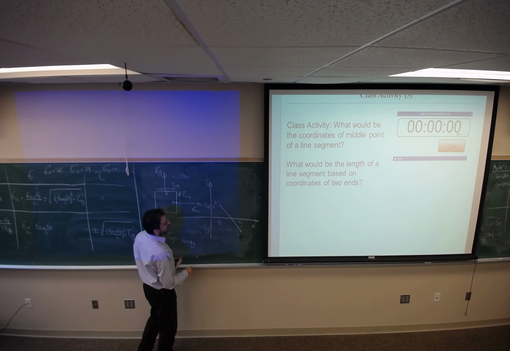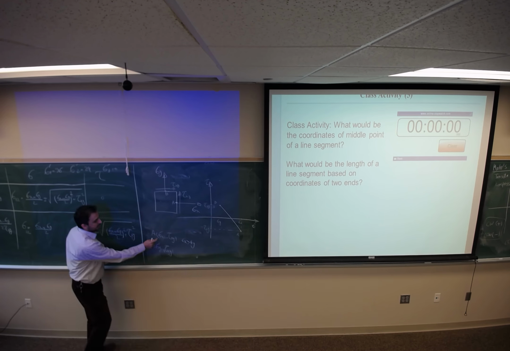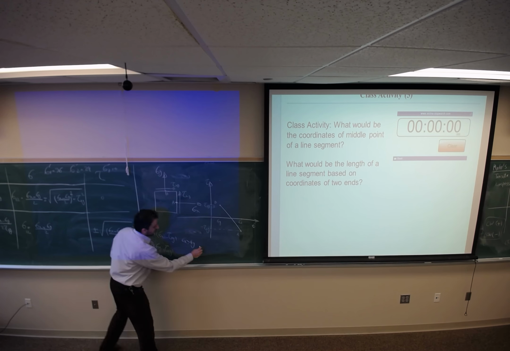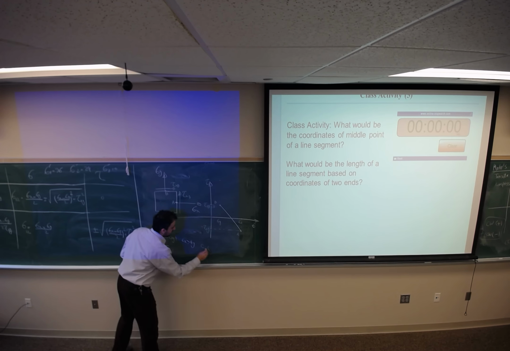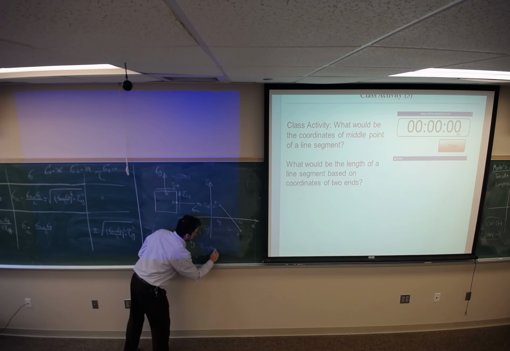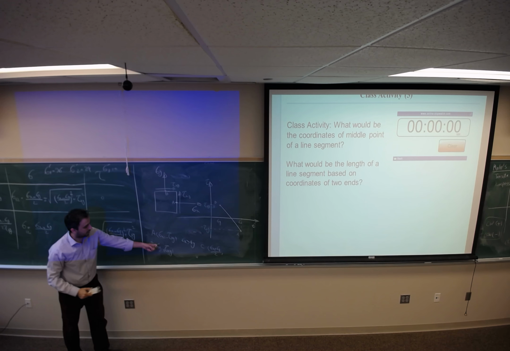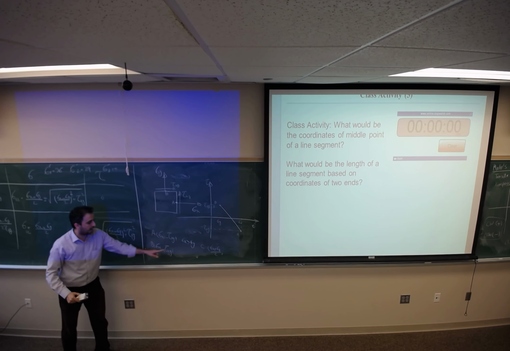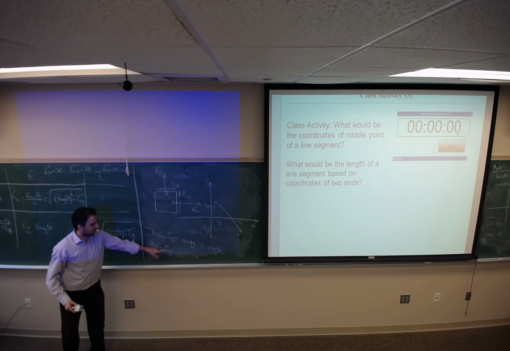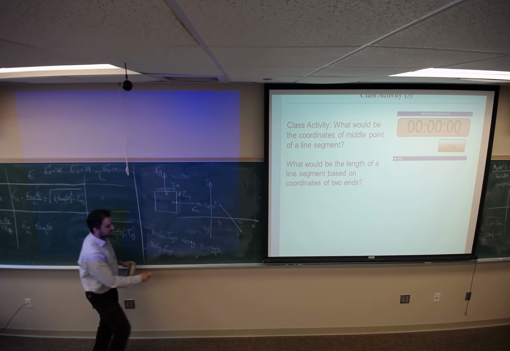If I ask you to find the center or middle point of this, center is going to be this plus this divided by 2, sigma x plus sigma y divided by 2 for the x component, and for the y component, since they have the same value but in opposite direction, this plus this is going to be 0.